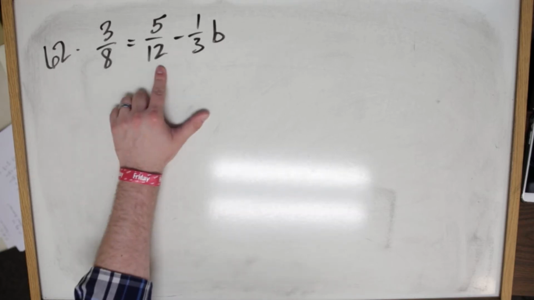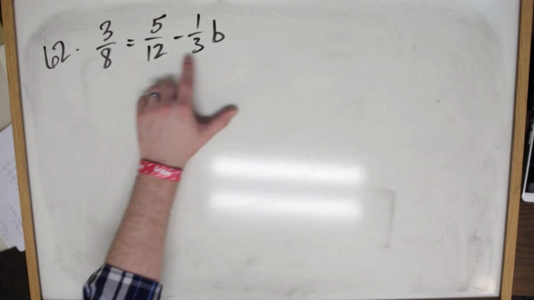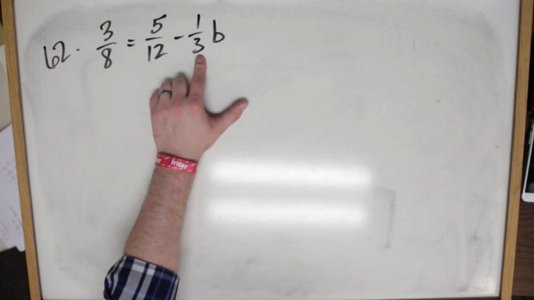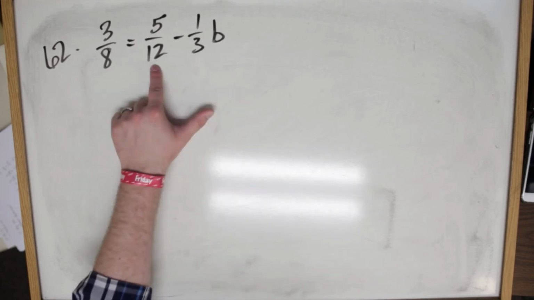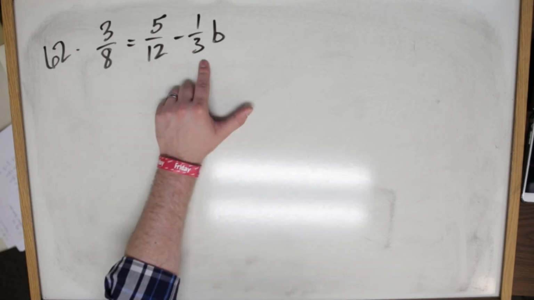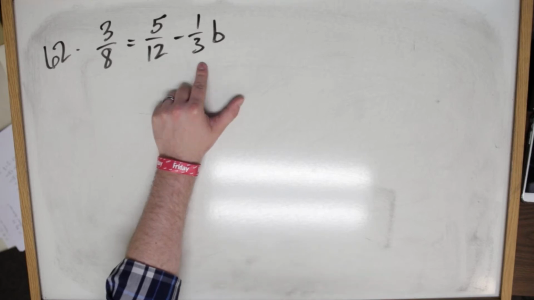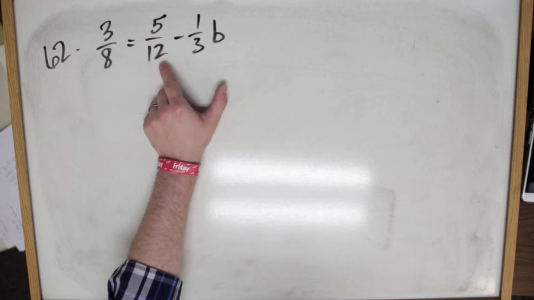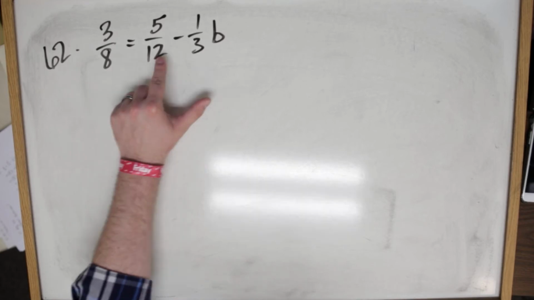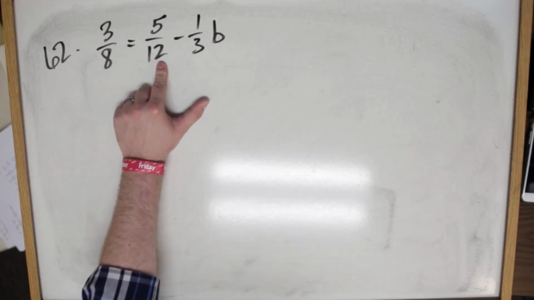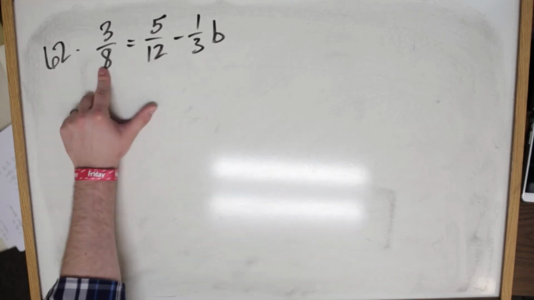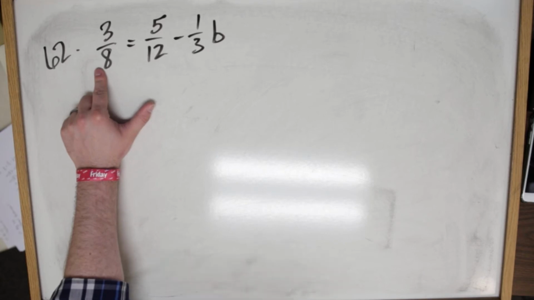So let's keep going. 12, 15, nope, can't make 15 out of a 12. 18, can't make 18 out of a 12. 21, you can't make 21 out of a 12. 24, yes you can. 12 times 2 is 24. 8 times 3 is 24.